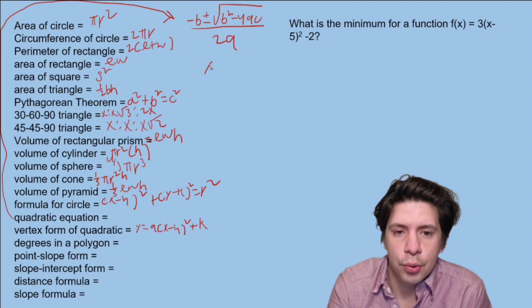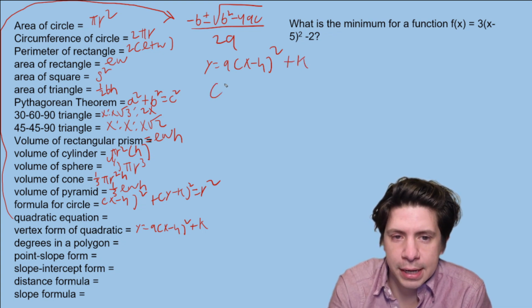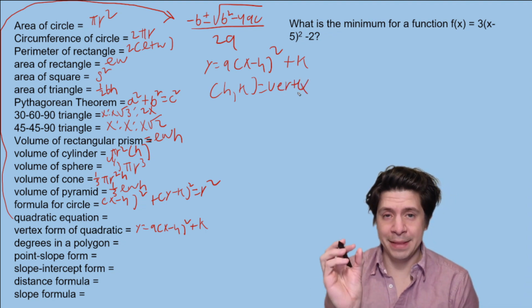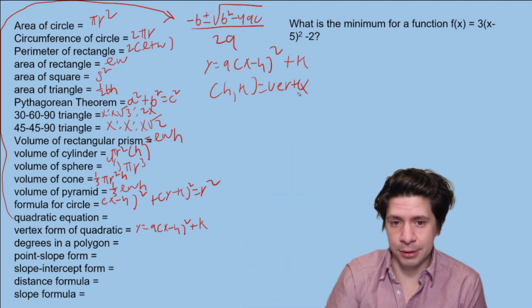And the vertex is the maximum or the minimum. Here it's a minimum because it's curling up, because a is positive.